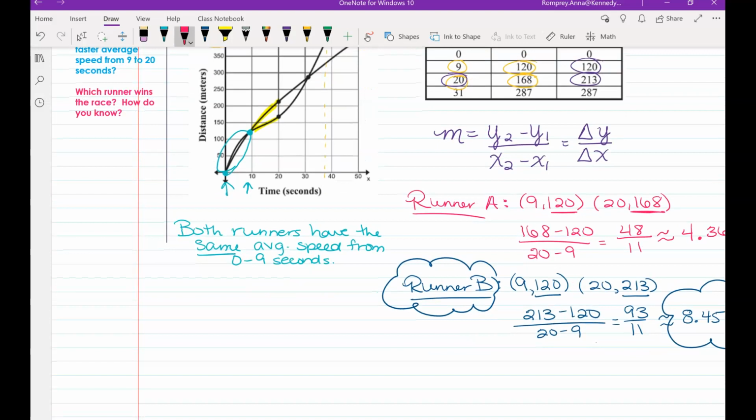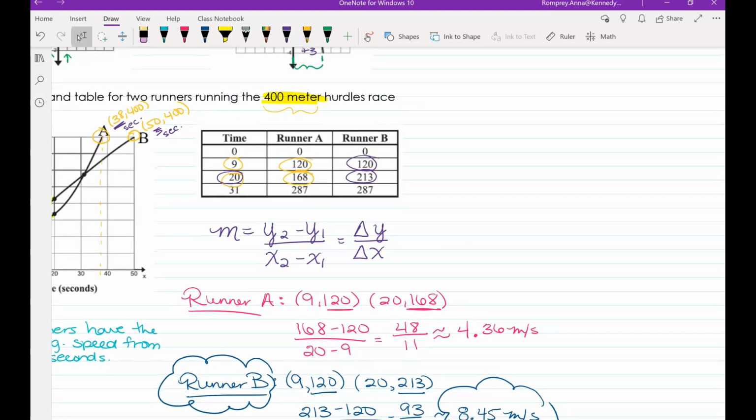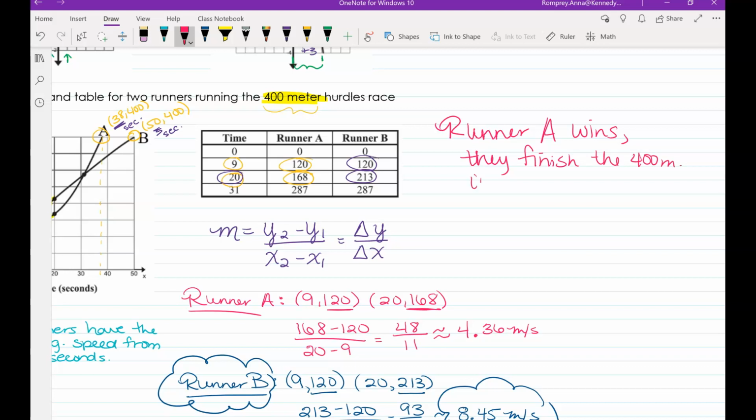All right, I'll put this over here. So runner A wins. How do we know? They finish the 400 meters in the least amount of time.